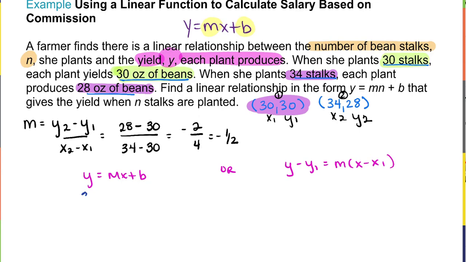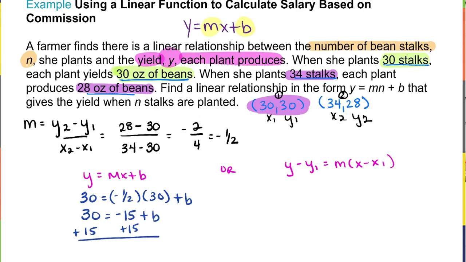So y is 30 equals m, which is negative 1/2, x is 30, plus b. So we have 30 equals negative 1/2 times 30 is negative 15 plus b. So we add 15 to both sides, and b equals 45. So now we have enough info to write the equation. Y equals negative 1/2 is your m, x plus 45.